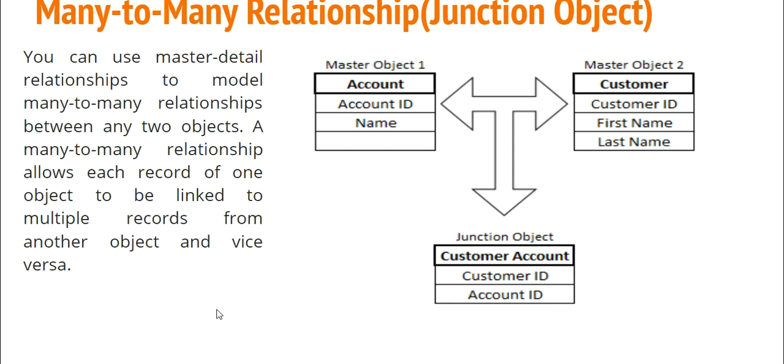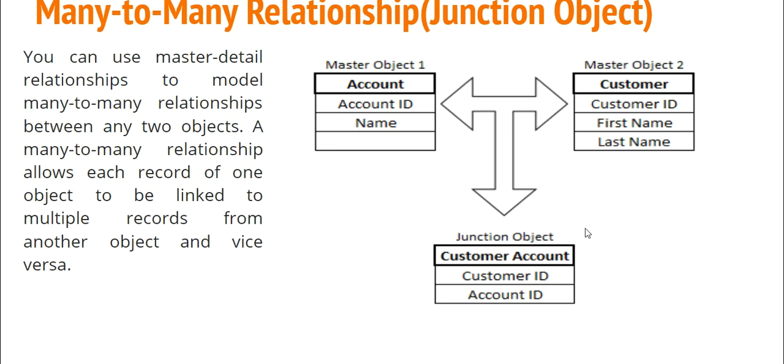As we know, in a many to many relationship, one record of one object is linked to multiple records of another object and vice versa. So let's see how we can do this. As you can see here, we have two objects, and both objects are connected with a single object which works as a junction object.